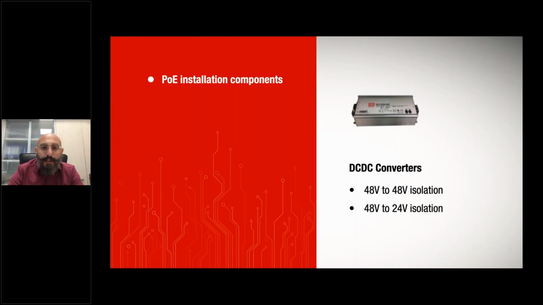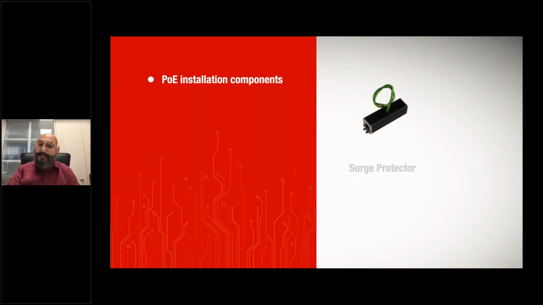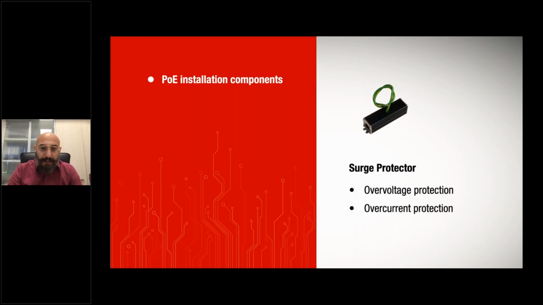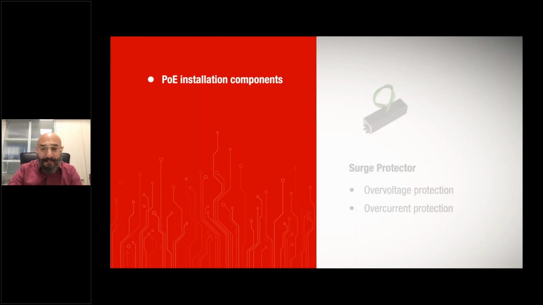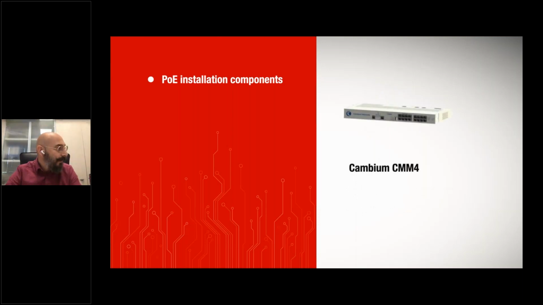You need isolated converters, so for example 48 to 48 volts but with isolation, or 48 to 24 volts with isolation. Why with isolation? To solve the ground problem. Then we need a surge protector, of course, because suddenly an overvoltage or an overcurrent can arrive that blocks your entire system. And it's great to have it.